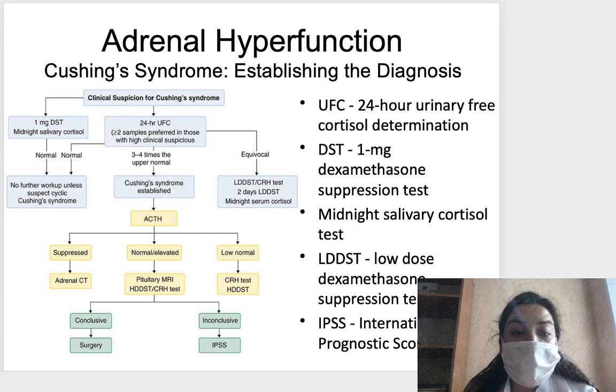If it's 3-4 times the upper normal, it is established Cushing's syndrome. And for further diagnosis, we determine ACTH. If it is suppressed, it is adrenal Cushing's syndrome. We do CT, computed tomography of the adrenal gland.